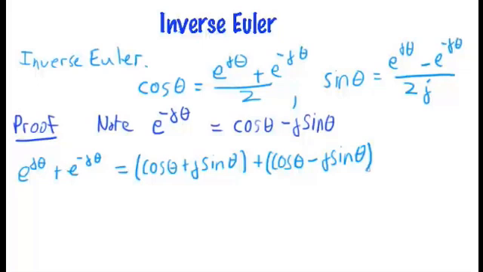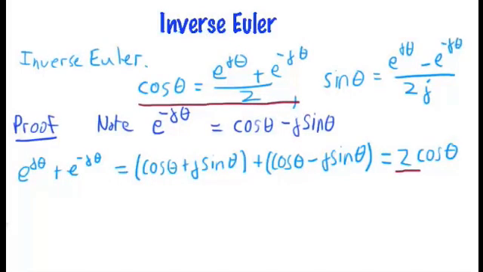This follows from our note above. This sum is quite easy. The cosines add. We have 2 cosine theta. The sines cancel. All we have to note is that we take this 2 and divide it to the other side, and we have the inverse Euler formula for cosine.